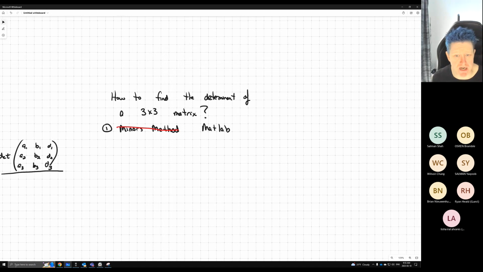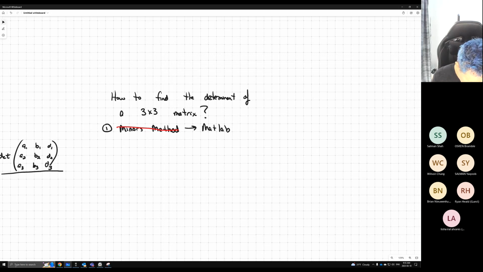MATLAB is a piece of software that you have available to you on campus. You actually have access to it, I believe, as installable software as a student. Use MATLAB because you do not want to use the Minors method unless you've had lots of linear algebra previously. If you know what the Minors method is and you're comfortable with it, feel free to use it, but I'm not going to teach it in here because it is a huge, huge headache.